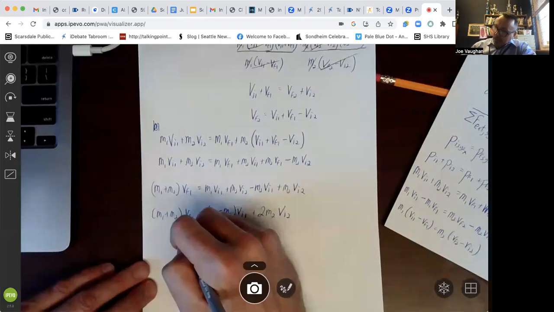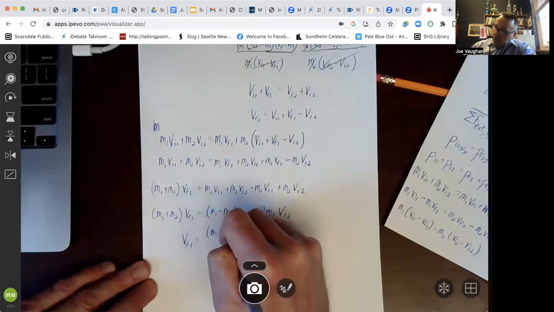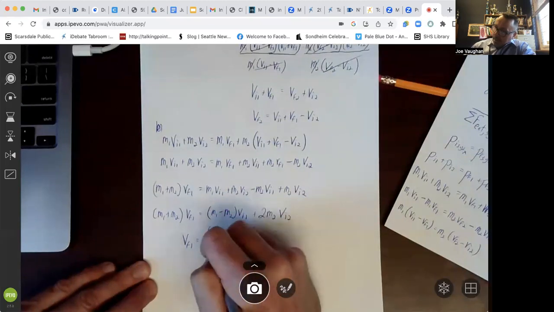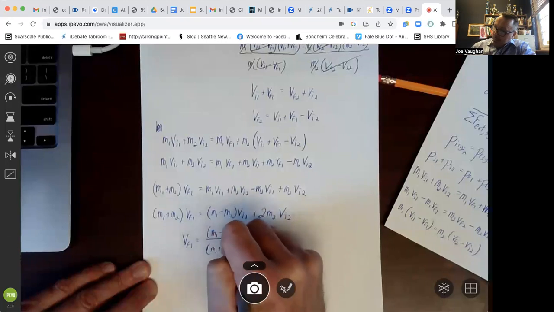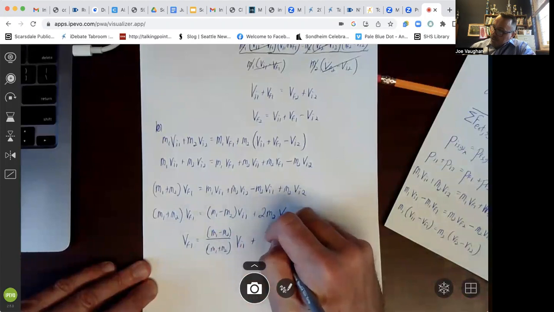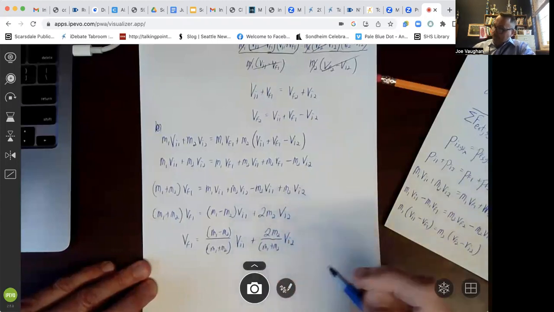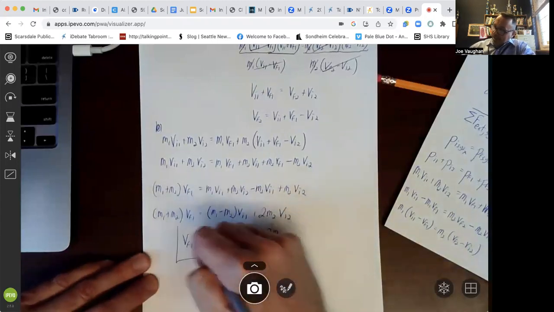And so let's finish it off. VF1 is equal to M1 minus M2 over M1 plus M2 VI1 plus 2 times M2 over M1 plus M2 VI2. Okay, and I have my equation.